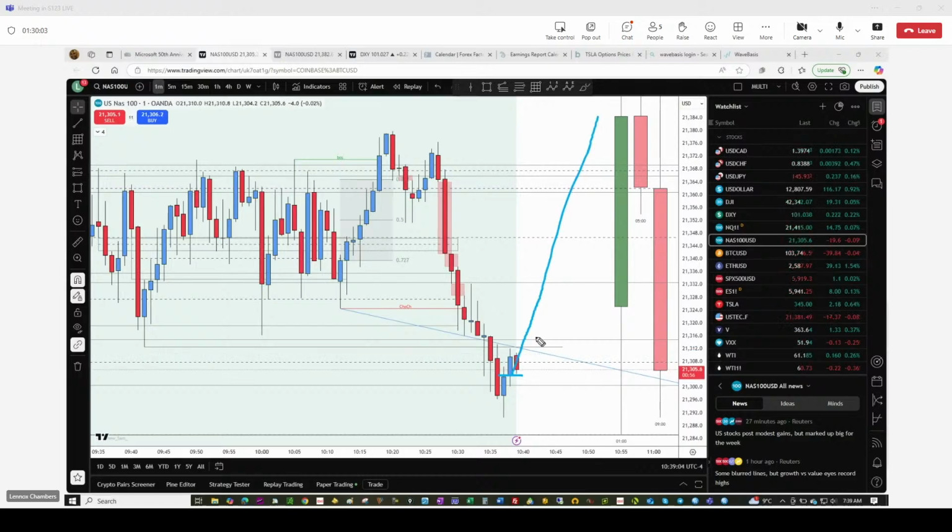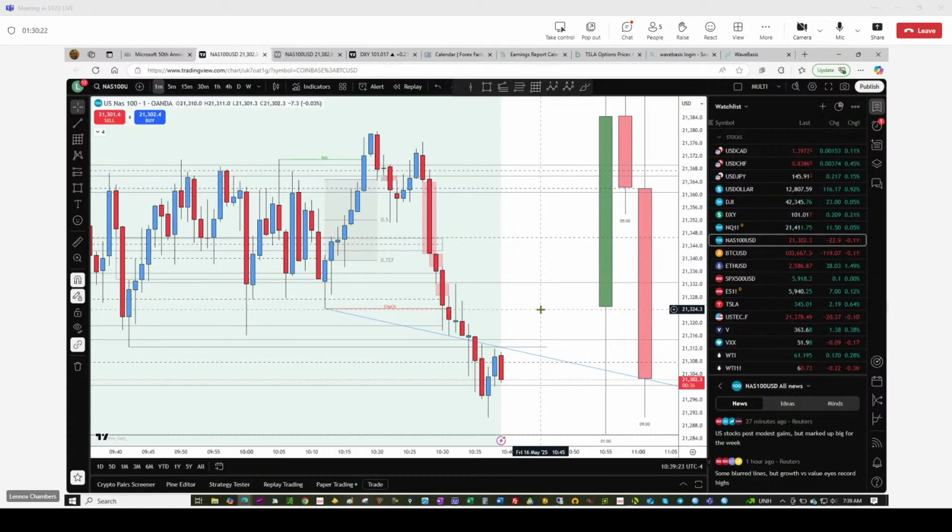We can maybe just go halfway up and come back. That's a total possibility. So this would be a quick scalp if you took this fractal entry. So it's tempting, that's for sure, but it's a risky one.